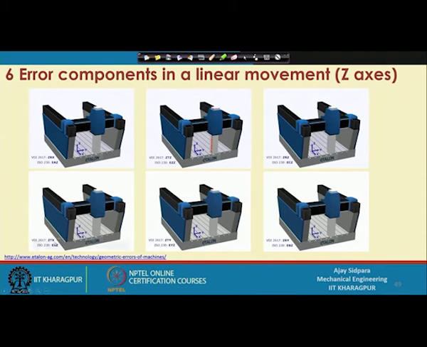In this particular case, motion in the z direction, but translation in the x direction. So, it is moving in this direction, correct. Your tool is actually moving in this direction when it is trying to go up and down.